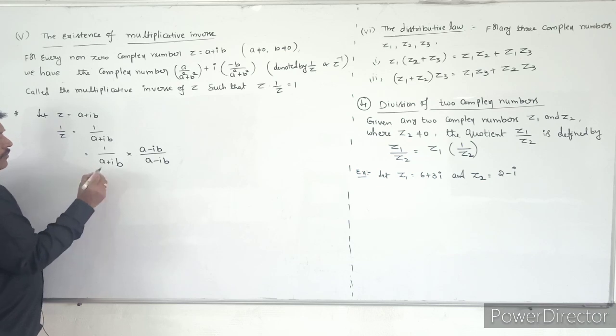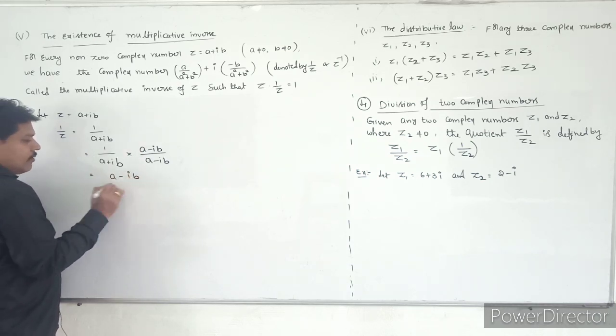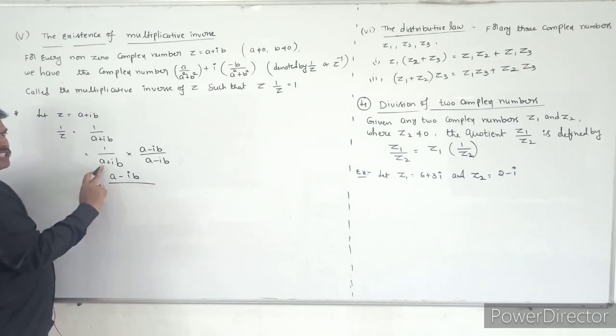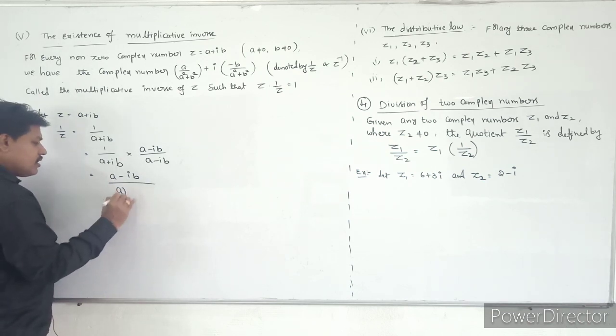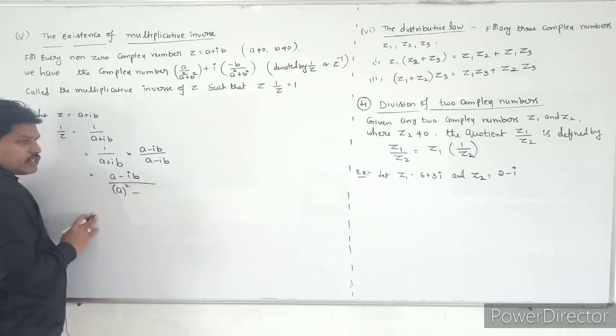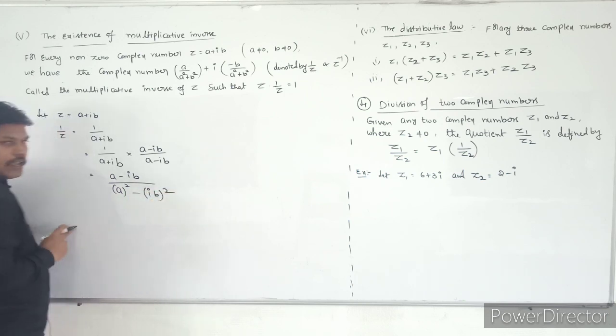So what happens? Multiply the two terms in the denominator. It is in the form of a plus b into a minus b, yes or no? If you multiply these two, you will get a square minus b square. Here the b value is ib, so it is ib whole square.